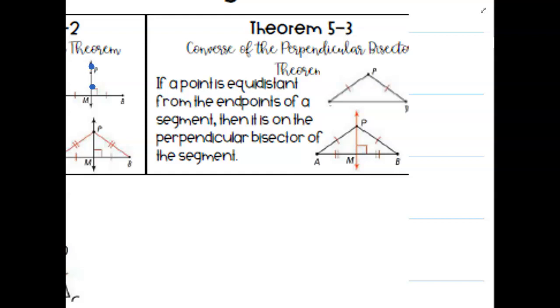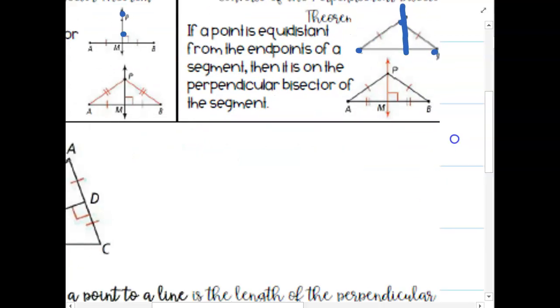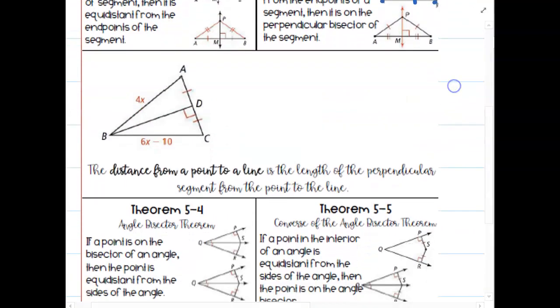If this point is equidistant from these two endpoints, so it's the same distance from here to here, then that point is on a perpendicular bisector. You could draw that line straight down, and it would be the perpendicular bisector, so just going the opposite direction. Now, the reason this is useful is it helps me establish congruent segments.